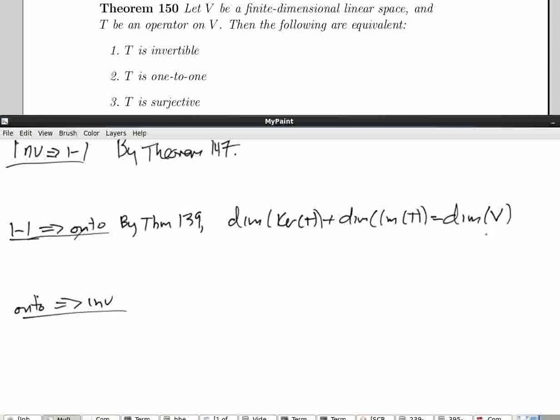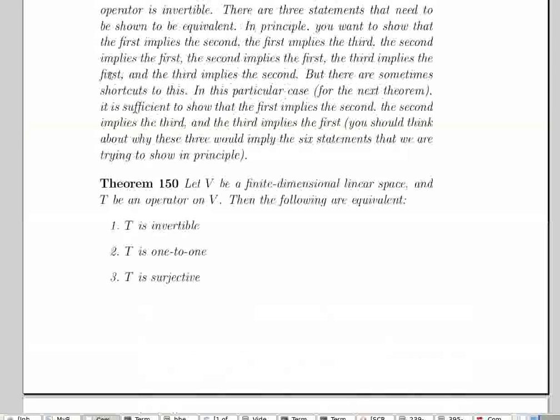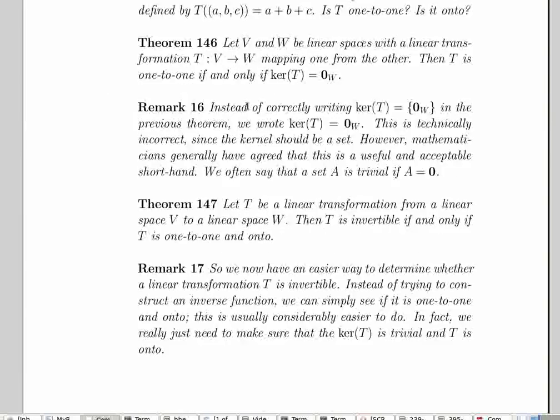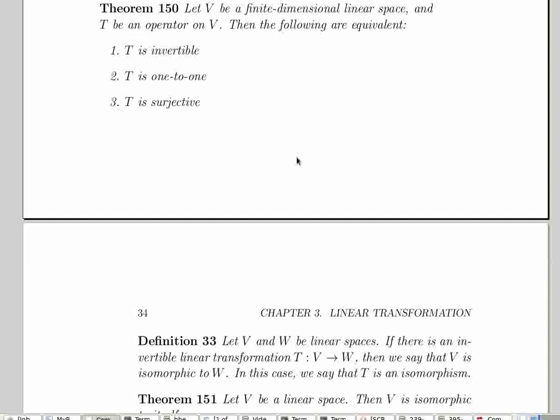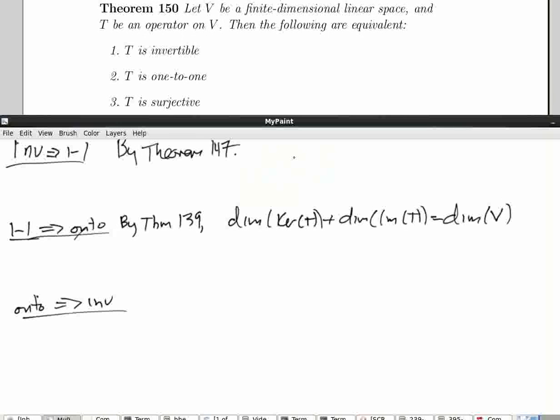In other words, the dimension of V. But by theorem 146, if it's 1-1, that means the kernel is 0. So 1-1 implies the kernel of T equals 0 by 146. So this dimension is 0 plus the dimension of the image.